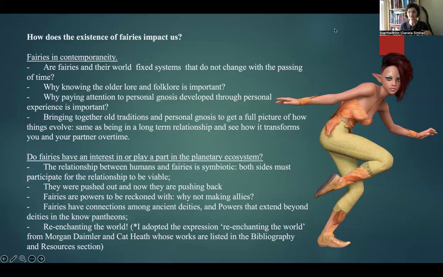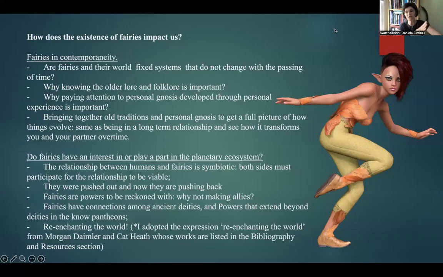For the specific purpose of our class, for those of us who seek interaction, connection, and relationship with fairy beings, knowing the past is necessary. When you're contemplating a long-term relationship, you can see how your partner transformed over time. This doesn't mean to judge your partner over things that they did or said at some point in their lives, but to notice how they changed over time, because some people change for the better, some people change for the worse.